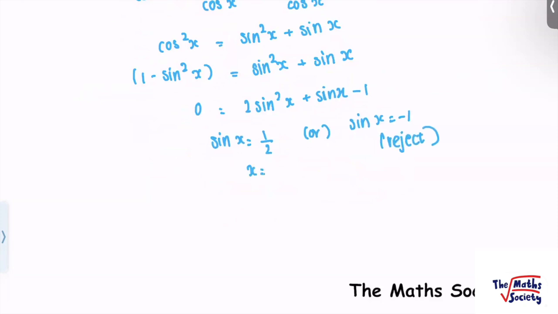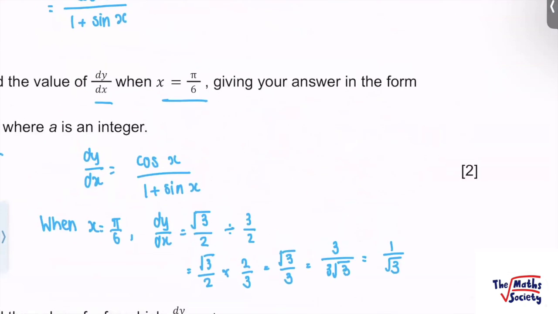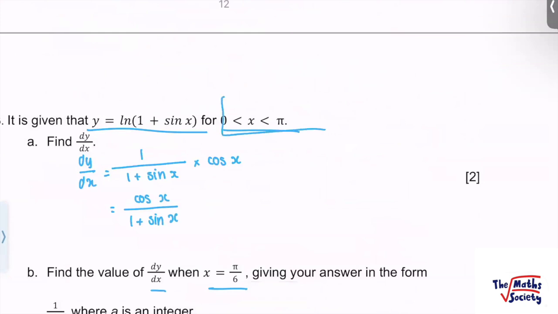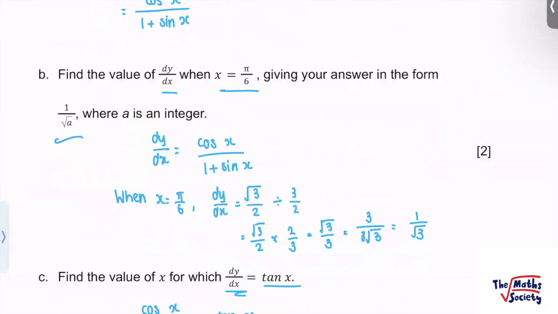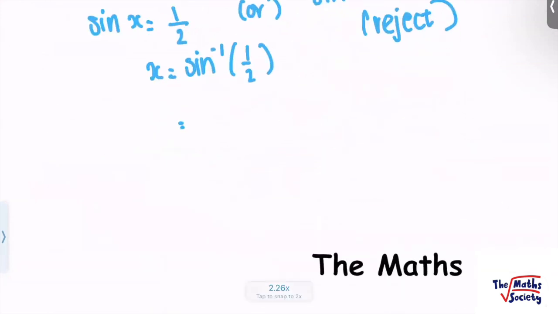And x is equal to sine inverse half, isn't it? I believe there was a range. Yeah, x has to be between 0 and pi. So firstly, sine inverse half is pi by 6. Then just add, it's going to be 5 pi by 6. So x is going to be pi by 6 or 5 pi by 6.